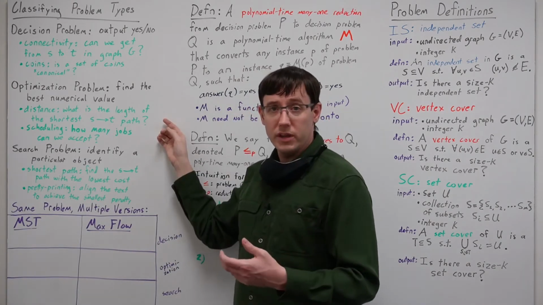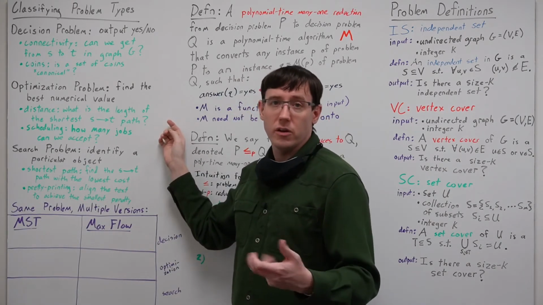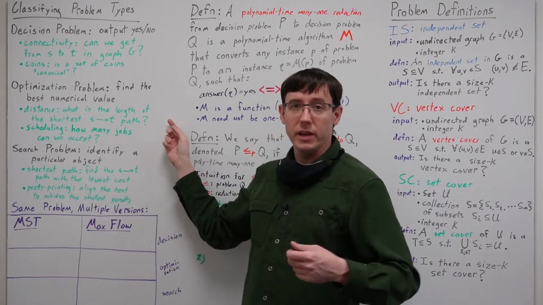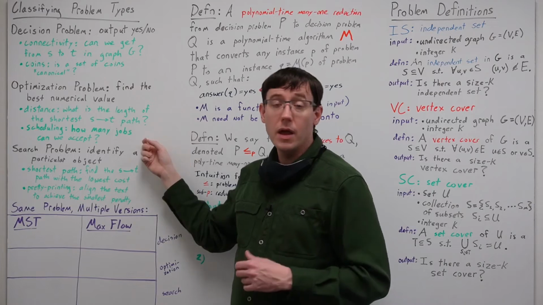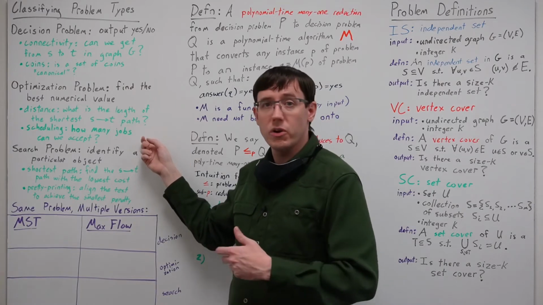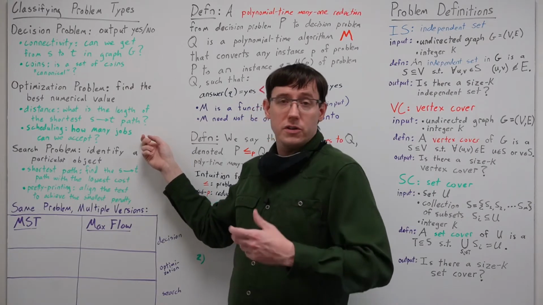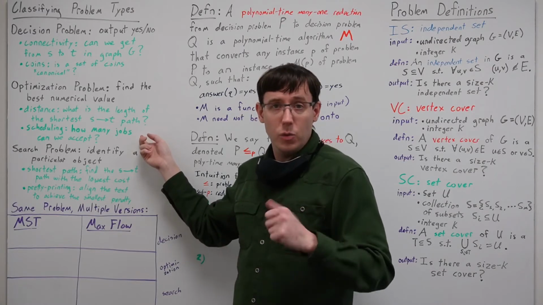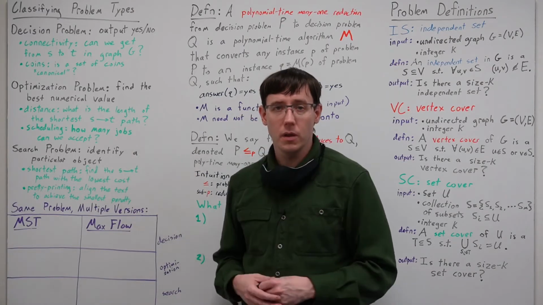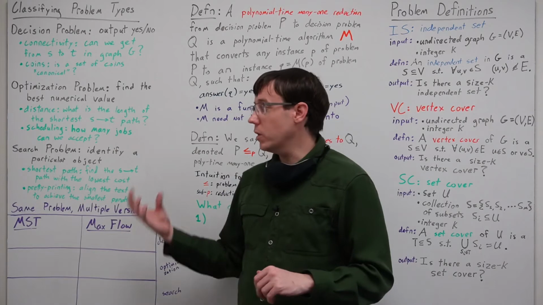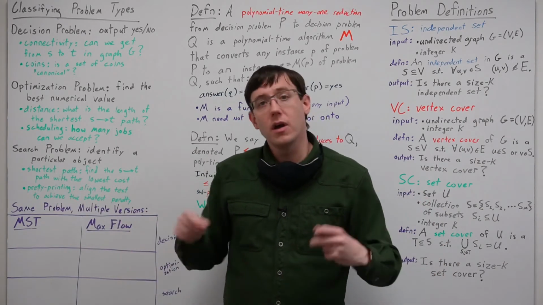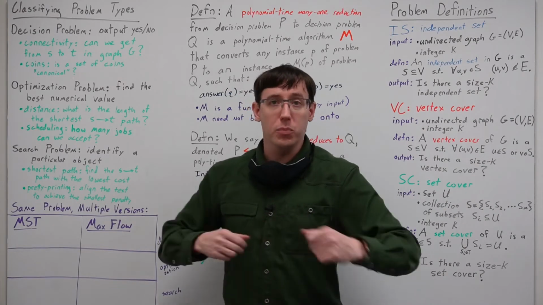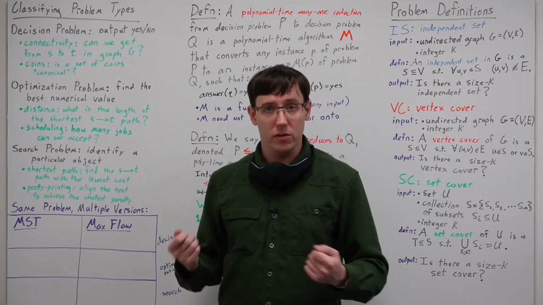So examples include distance in a graph, where we're trying to figure out the length of the shortest path between two vertices, and scheduling problems, where we were trying to find the largest number or highest value of jobs that we could accept. Search problems are ones where we are trying to find some object to output other than just a Boolean or numerical value.